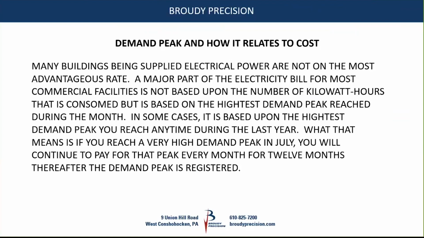So if you are running your air conditioners in the middle of July and your building is consuming all of this energy in an instant, that is the rate that a facility will usually be charged for the entire year. So if we have steam boilers or gas boilers in the wintertime, we're still being charged our kilowatt hours times that maximum rate that we used in the middle of the summertime.